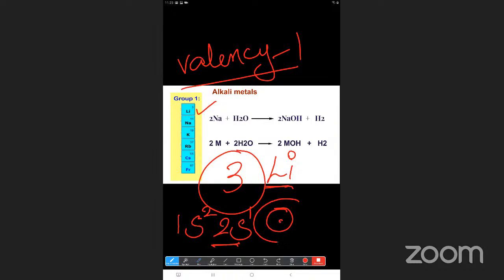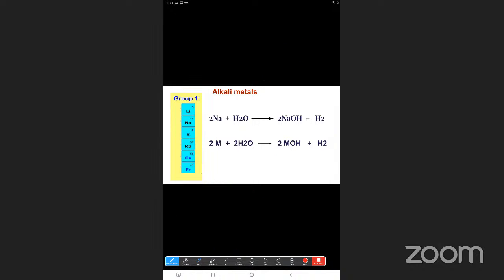So here in the last shell we have only 1 electron. So this last shell is known as the valency shell. For all the elements in this group, lithium, sodium, potassium, rubidium, cesium, francium, the valency electrons are only 1.